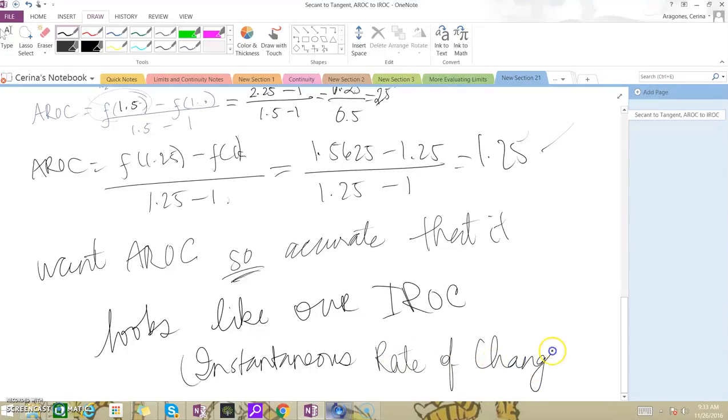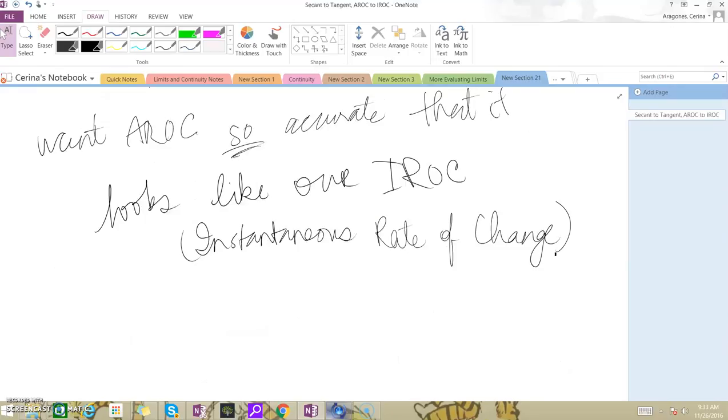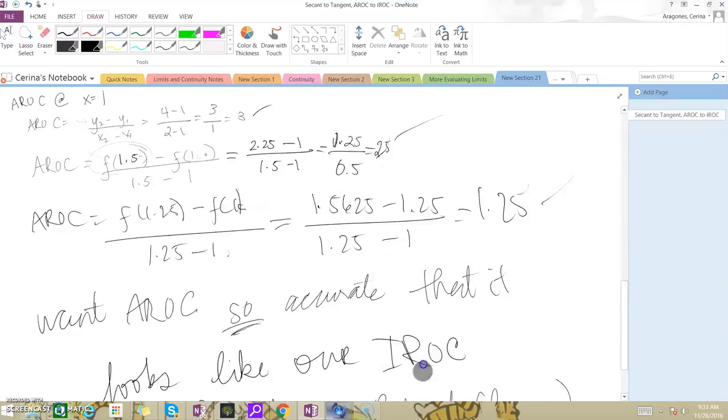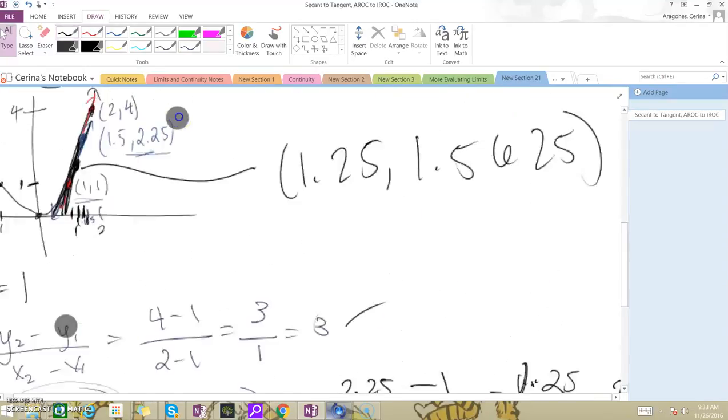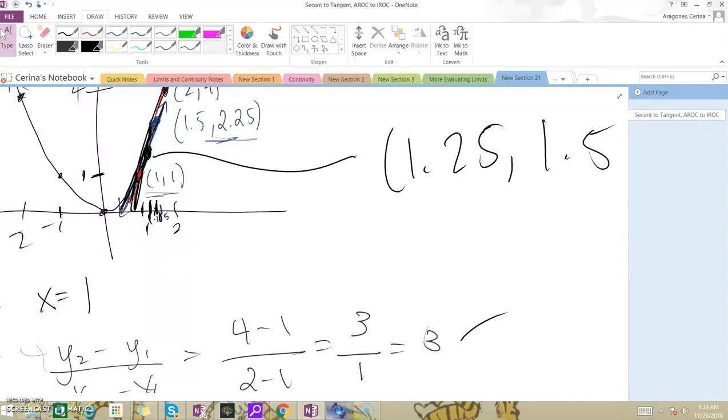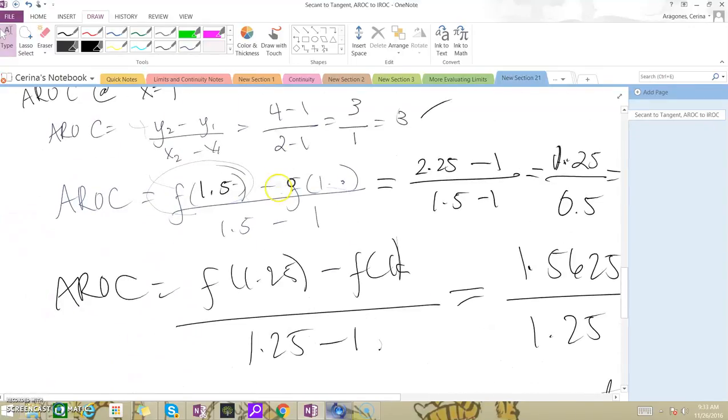So rather than an average rate of change, we want the actual rate of change at the instant x equals 1. So we want the IROC at x equals 1. So the way we do that is we pick points that are closer and closer to the actual point we want so that we are as accurate as possible.